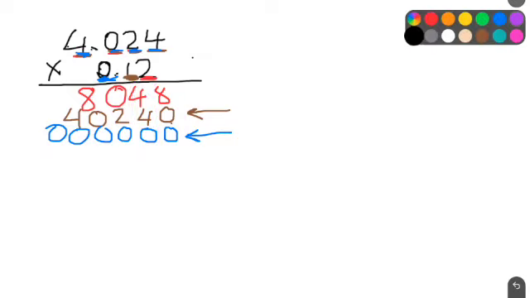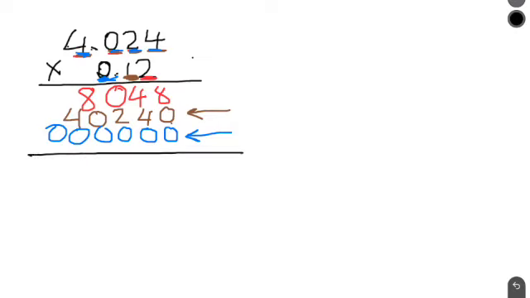Okay, so now once we're done with that, the next thing we're going to do is add all together. And actually, let me put that line back so you'll see what we're adding.